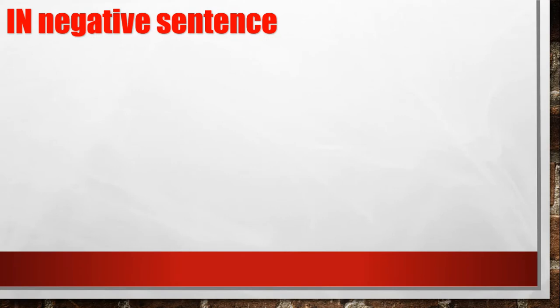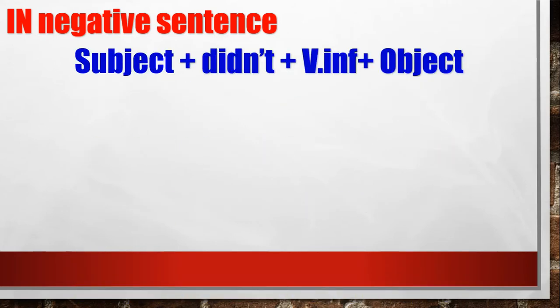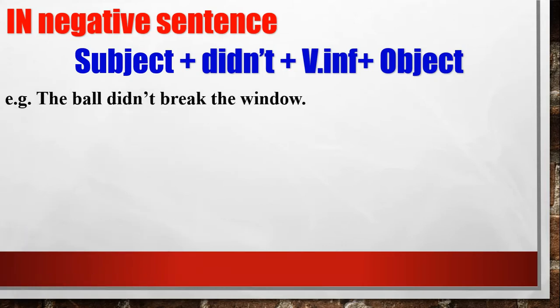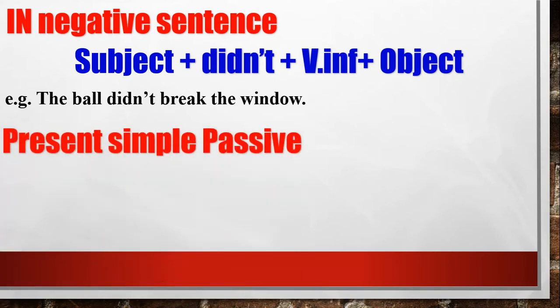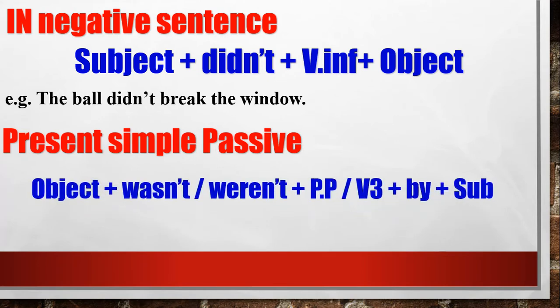If the sentence is in the negative form, how can we change it to the passive? Okay, in the negative we use subject plus didn't plus verb infinitive plus the object. For example, Paul didn't break the window. How can we change this sentence to the passive? To change the sentence to the passive, we start the sentence by using the object.